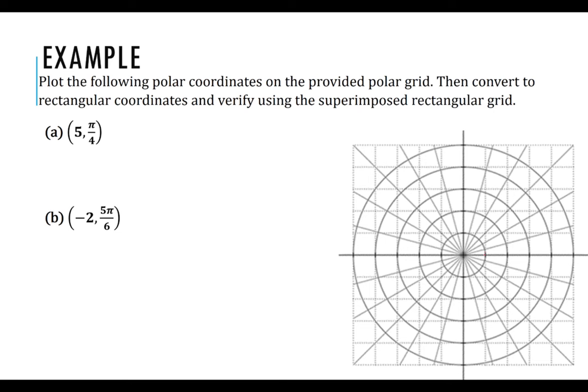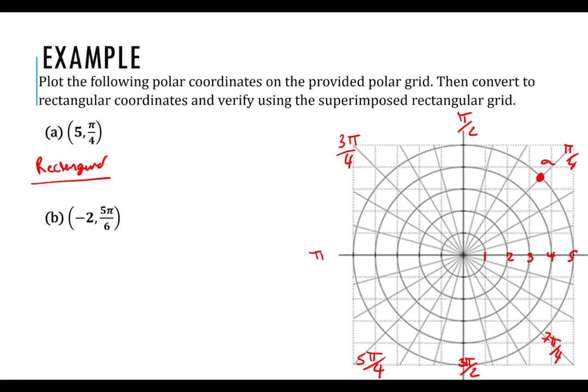How about 1, 2, 3, 4, 5, and then I can label this pi fourths, pi halves, 3 pi fourths, pi, 5 pi fourths, 3 pi halves, 7 pi fourths, and then of course this is 0 and 2 pi over here, but I'm not going to label that one for the sake of space. Alright, so 5 pi fourths, go out to 5, rotate pi fourths. Here's my point A.